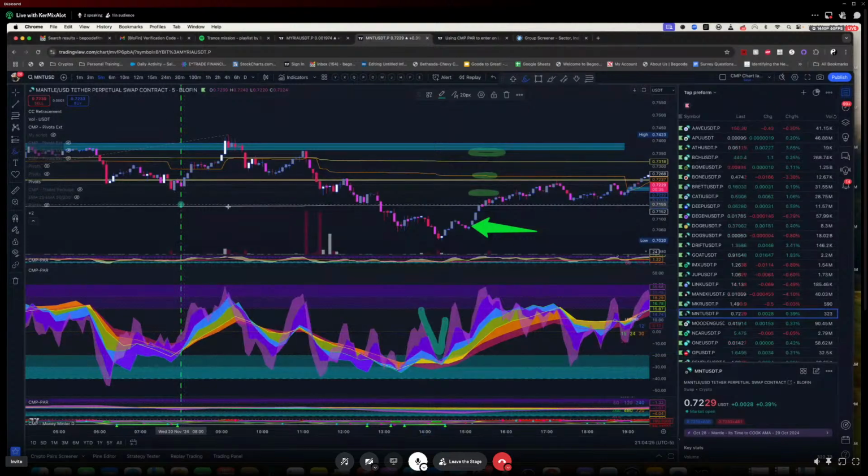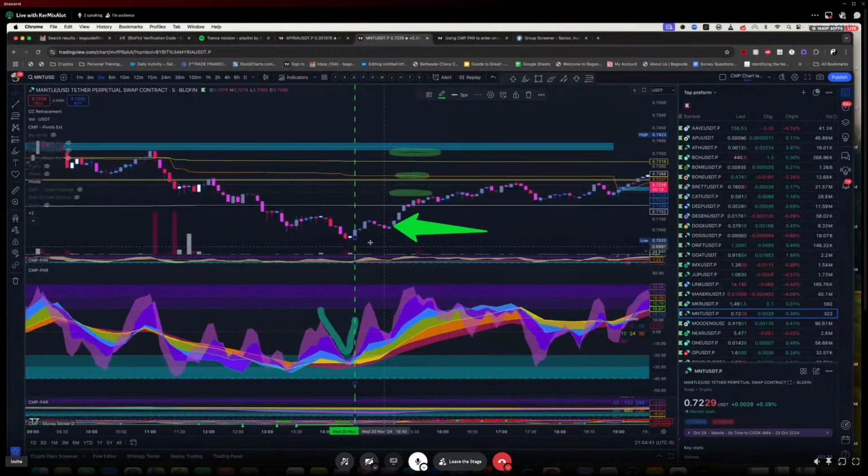I'm going to move this vertical line over for you. As soon as it turns up on the 5-minute, you wait for the close. So you would be getting in here, and coincidentally enough, that candle pattern is a 3 inside up.